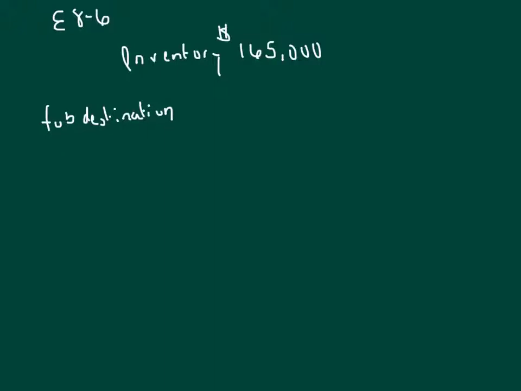So let's say they're getting shipped from company A, and you're company B. All the time that they're in transit going along, they're not yours until they are actually received by company B, FOB destination.